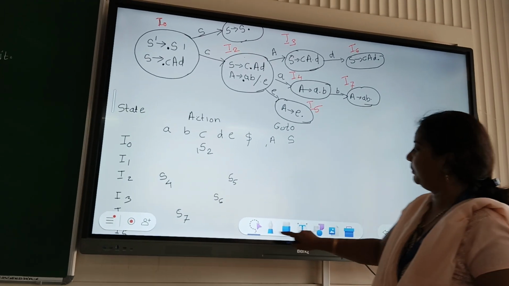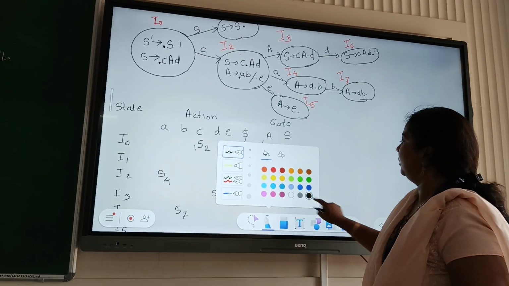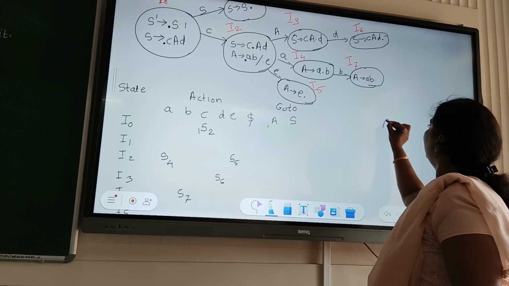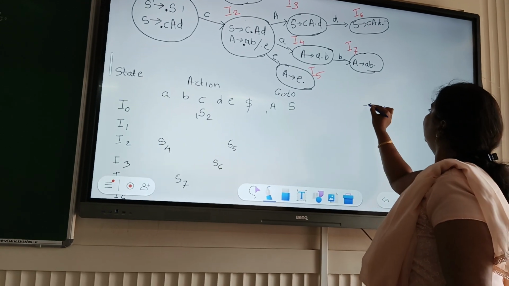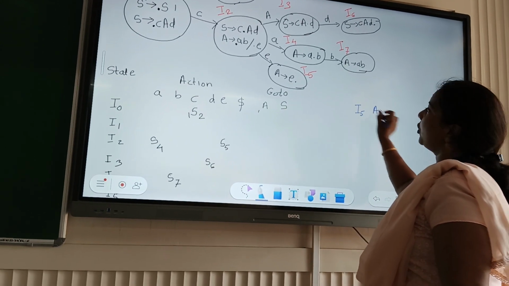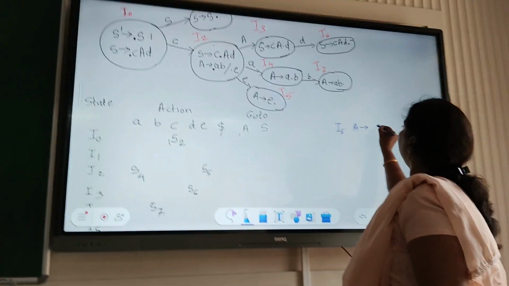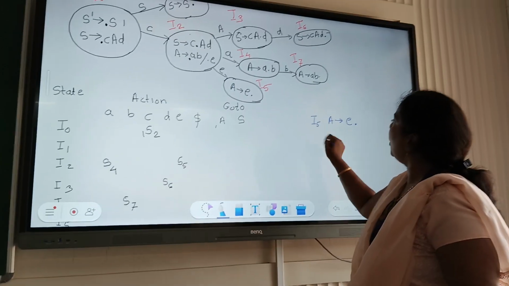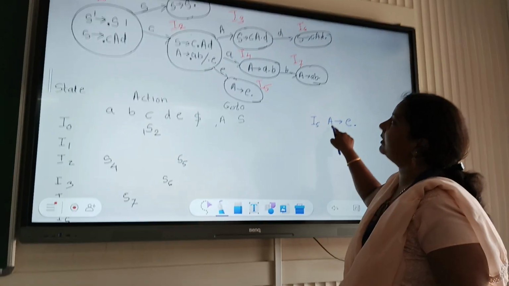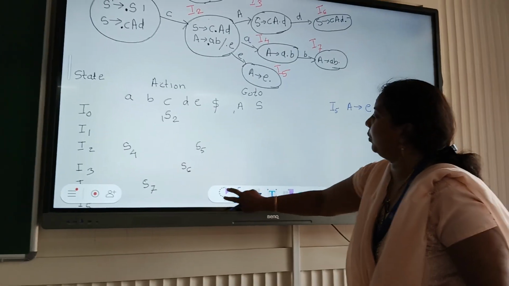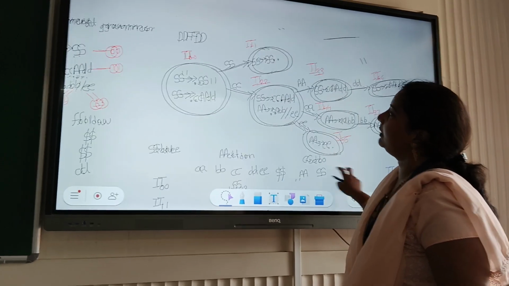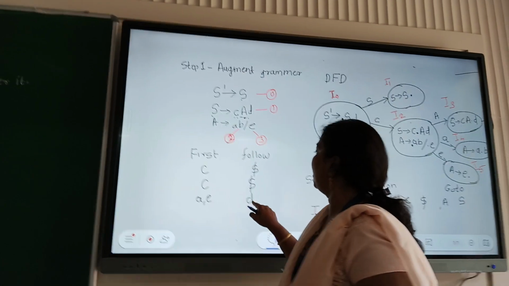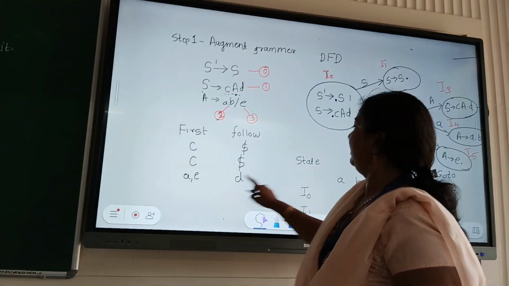I5. First of all, check this. In I5, which combination is there? I5 implies to E, A dash E. So you require to write the follow of A. Follow of capital A. What is the follow of capital A?